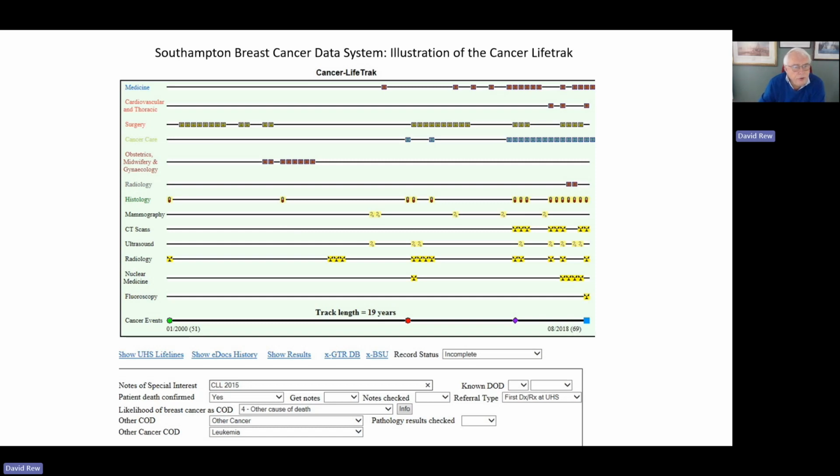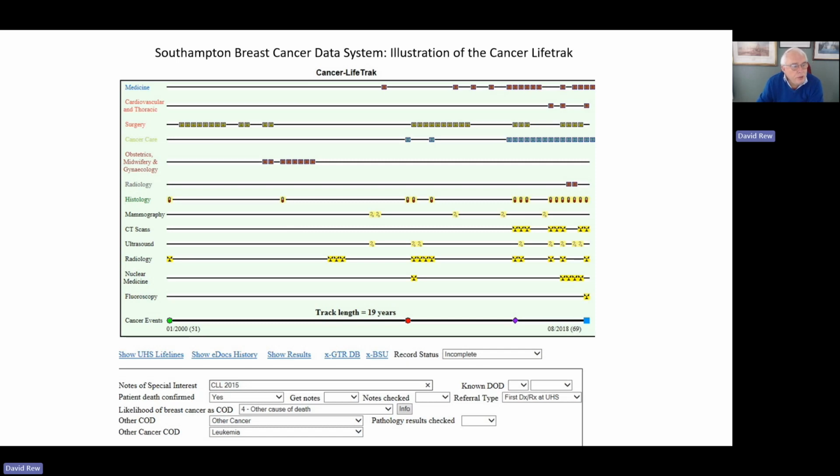We built, for every patient who'd had breast neoplasia, whether pre-cancer or cancer, in our record system, which went right back to the 1970s, a single data viewing point or data set for that patient, in which we integrated the Lifelines interface with the information population screens.